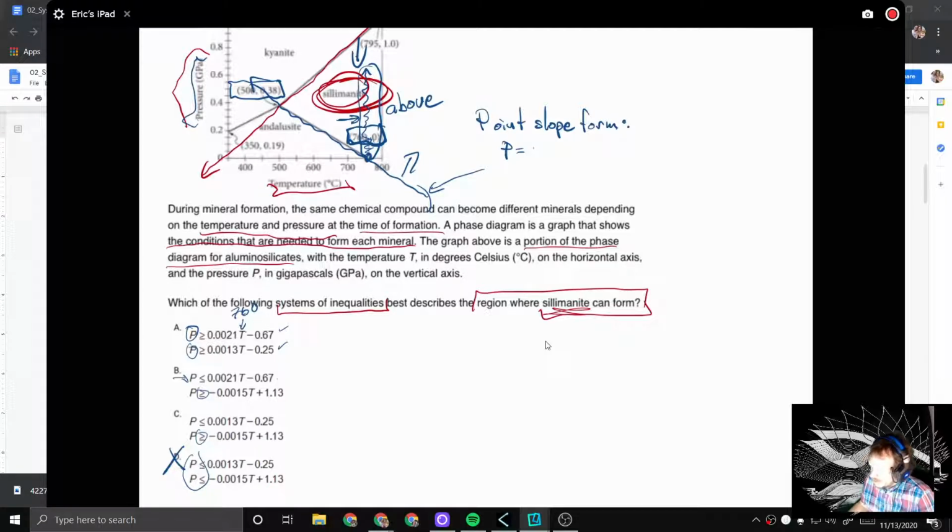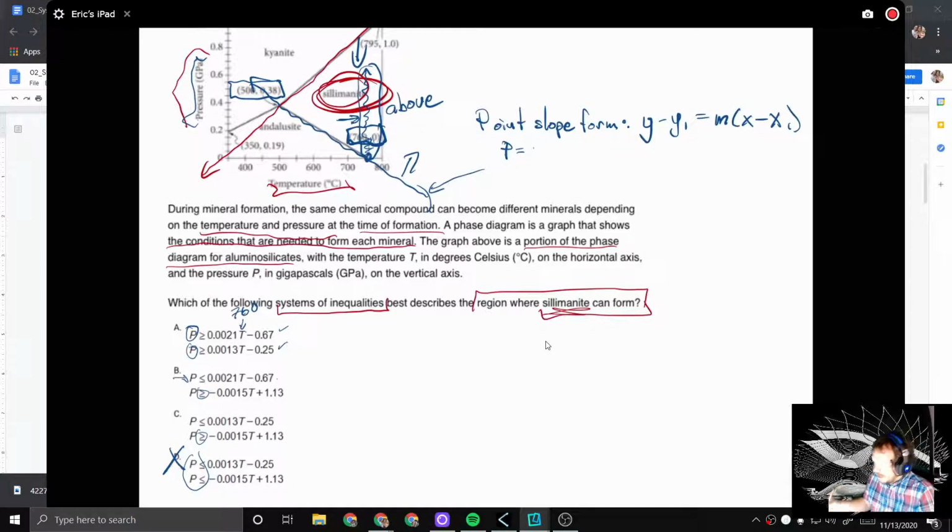And I think it's often easier to write it like this: y minus y1 equals m times x minus x1.